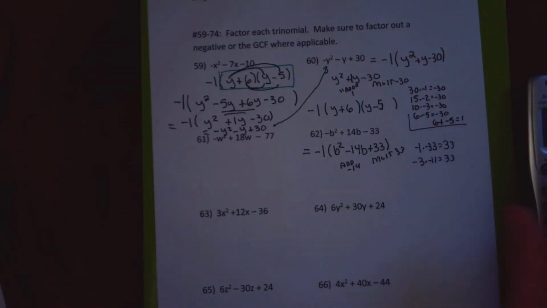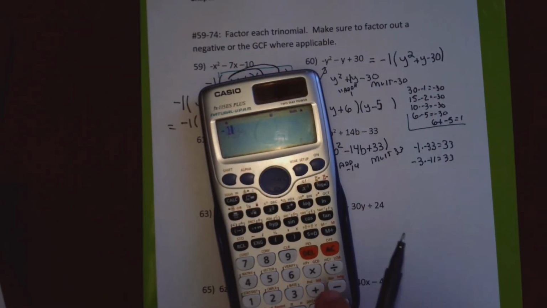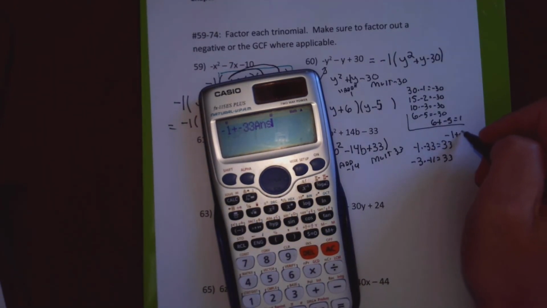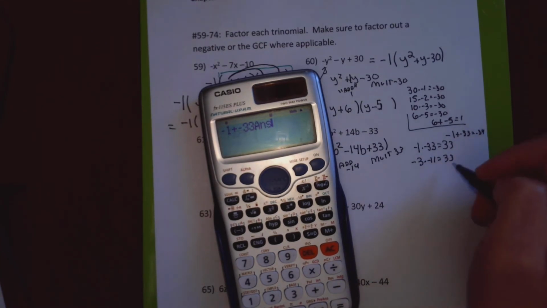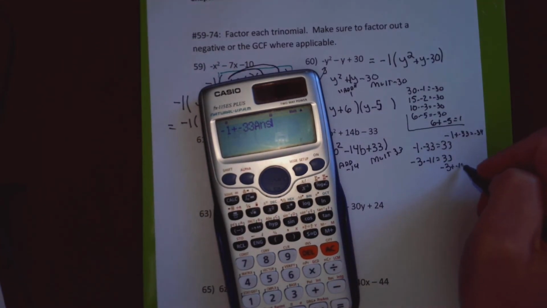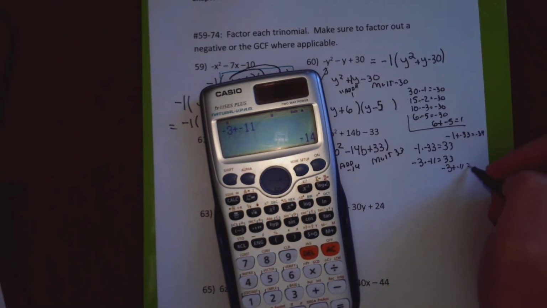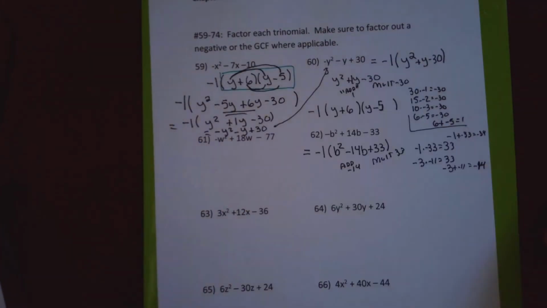Now I'm going to add these. I'll do -1 plus -33. So -1 plus -33, that's going to be -34. And then I'll do -3 plus -11. -3 plus -11 gives me -14. That's going to be the pair I need.